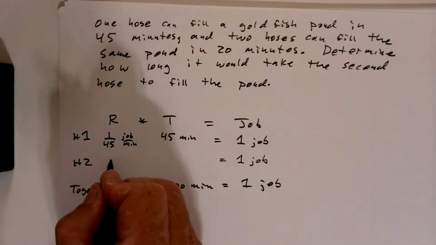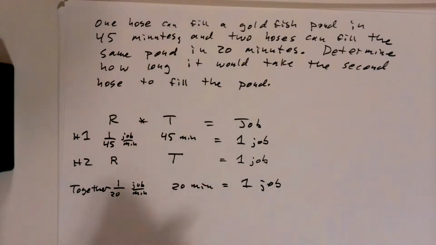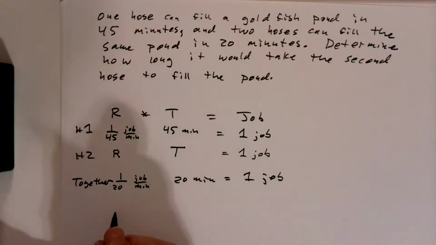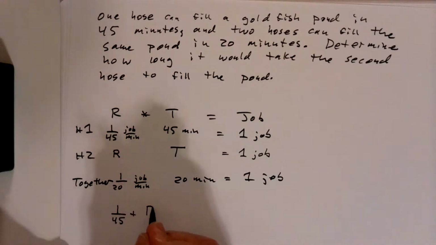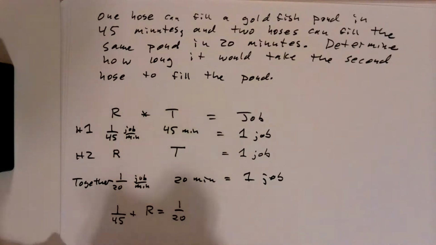Let me call this R for the rate of the second one and T for the time of the second one. But we can see the first hose is 1/45th of a job per minute, plus the rate of the second hose equals the rate together, which is one job in 20 minutes.